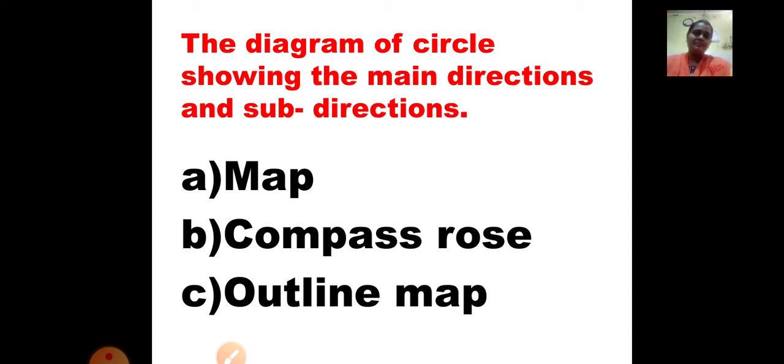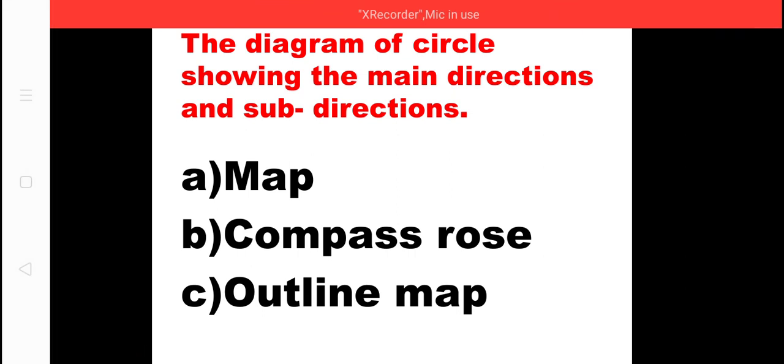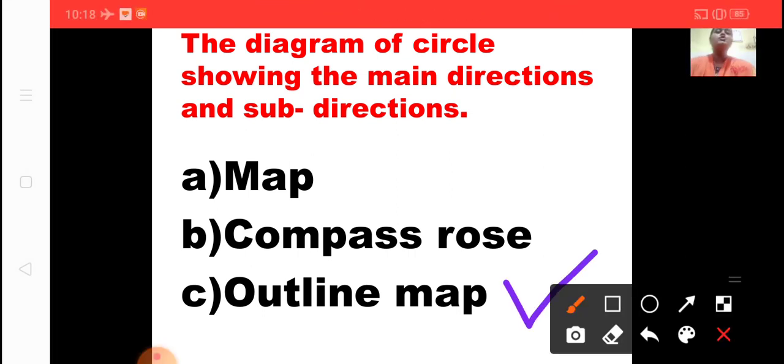So what is it? The correct answer is outline map. The outline map helps you to show the main directions and the sub directions. Yes, definitely the map also, but the diagram of a circle showing the main directions and sub directions is called the outline map. Okay children.